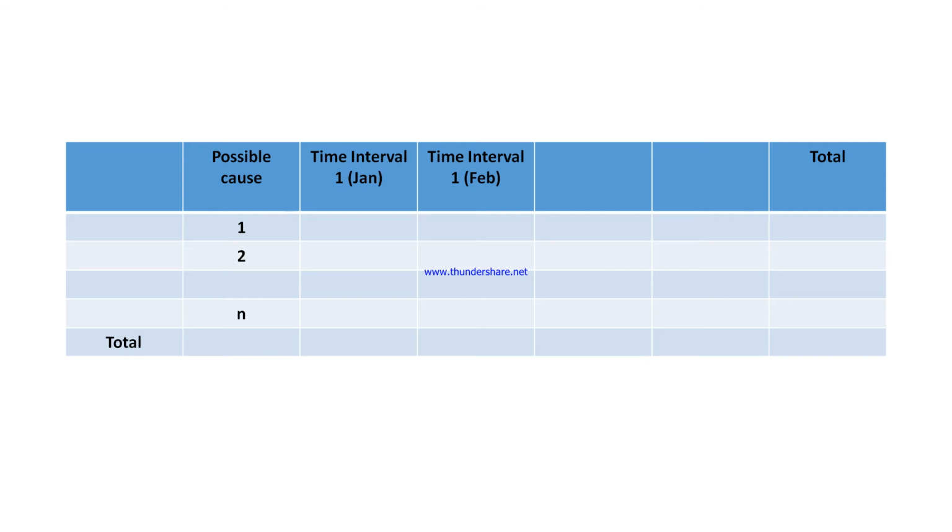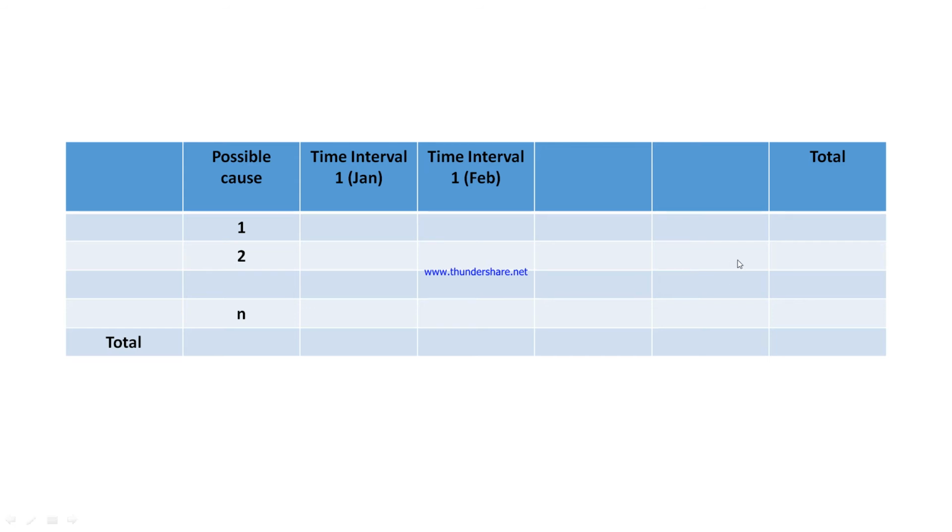When it comes to the first time interval, that is the end of month January, I can count the number of pants which are having problems with the pocket size. If there are 10 pants, I can write 10 here. And in the month of February, if I have 20 pants with the same problem, I can denote 20 here.